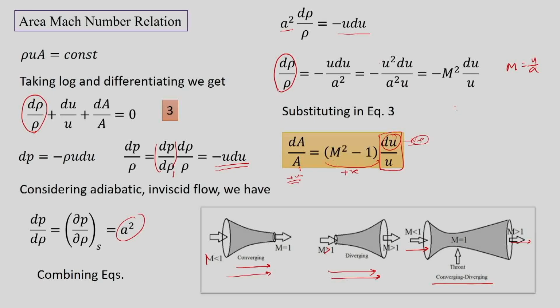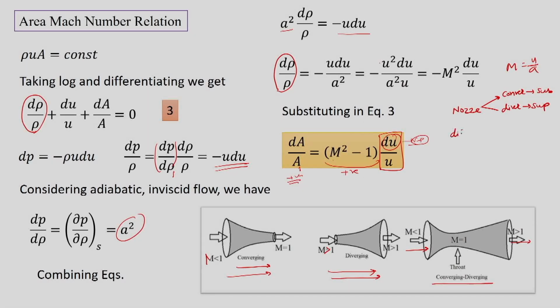So, since the fluid flow variation depends upon Mach number, we have some criteria. Suppose we have a nozzle, then this nozzle will be a converging section if the flow is subsonic, and this nozzle will be a diverging section if the flow is supersonic.